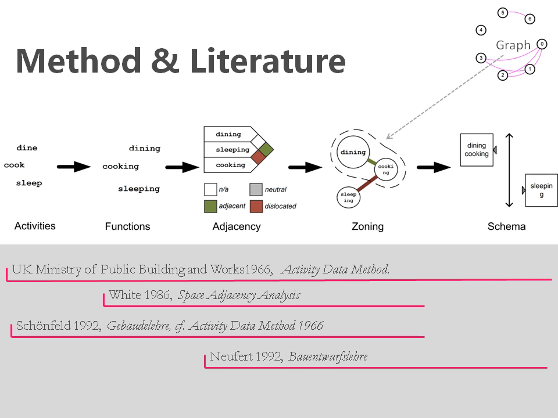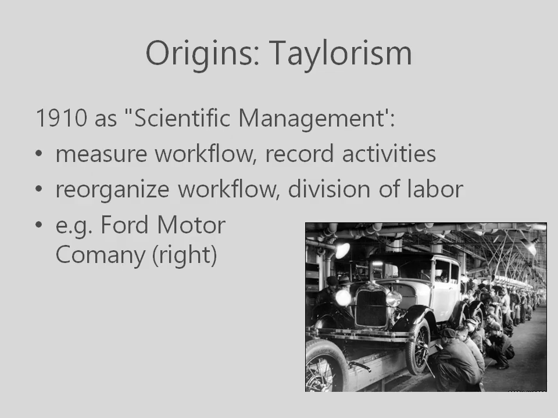Okay, let's go back to the origins of this functional planning method. In 1910, scientific management was invented. This is Taylorism. Taylor invented scientific management, which means that you measure workflows and record activities on paper. You ask how long every step needed to produce a certain product takes, what the sequence of activities is, and who does what.